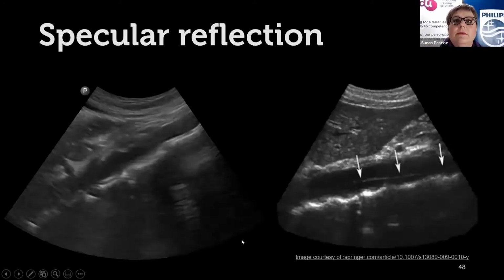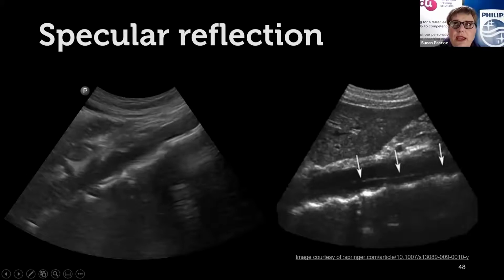The next mistake that can be made is when you're scanning in longitudinal. To be able to see the proximal part of the aorta, you need to be tilting your probe up, or pointing the crystals up under the rib cage to get proximally here. And then what happens is you've got the aorta on this angle.